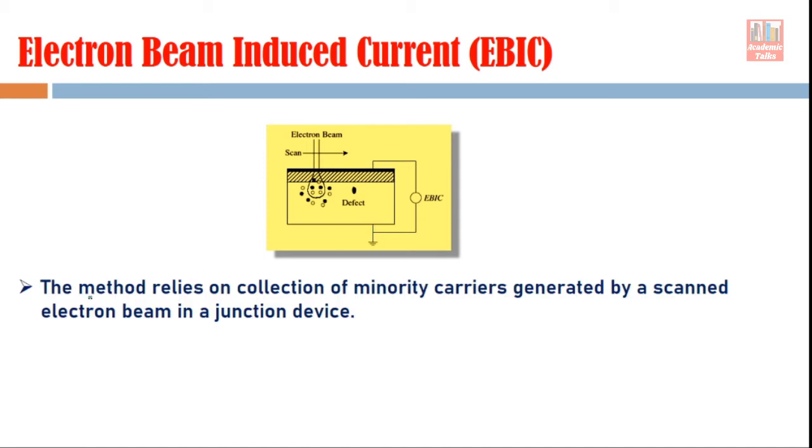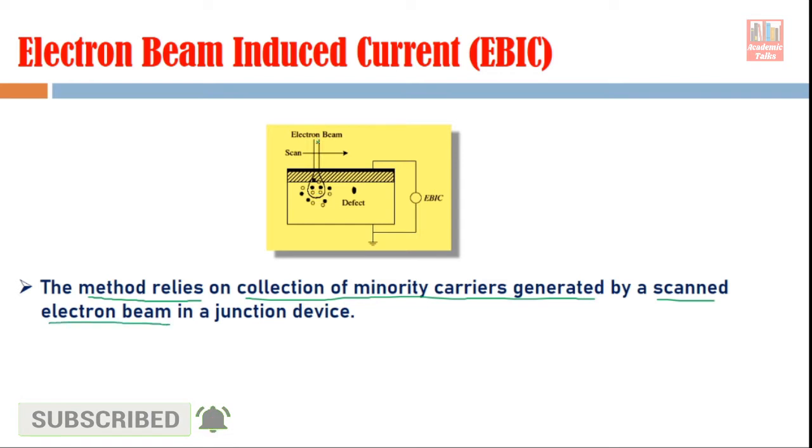Actually this method relies on collection of minority carriers generated by a scanned electron beam. You see here, this is a scanned electron beam, and it scans from this direction to this direction. When this scanning electron beam interacts with the material, it produces minority carriers in the semiconductor, and these minority carriers are near this junction.